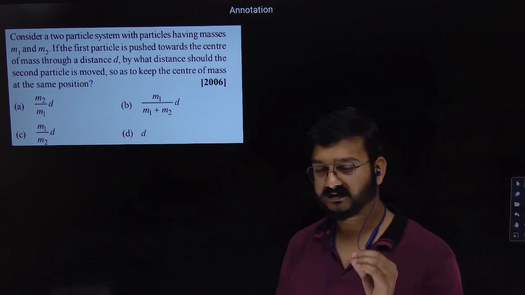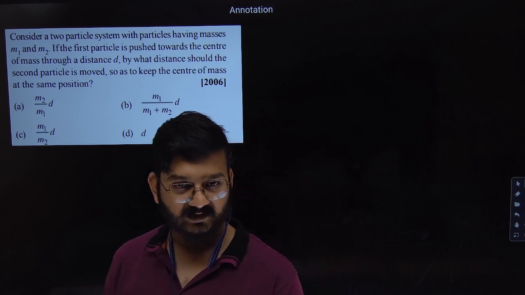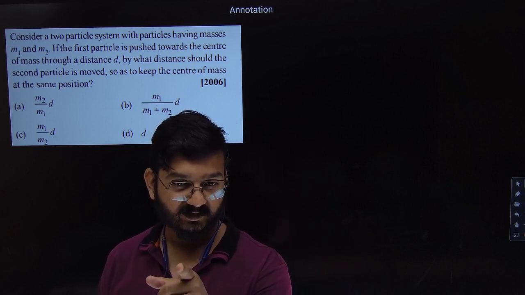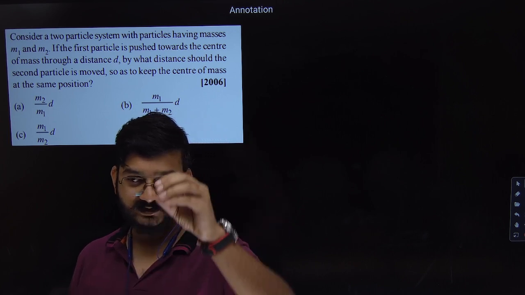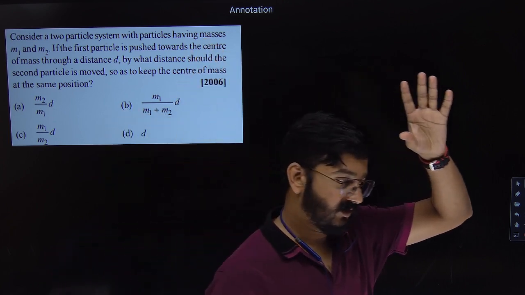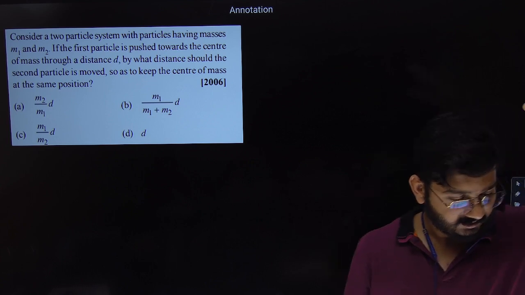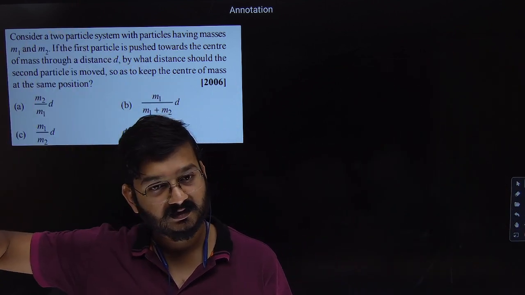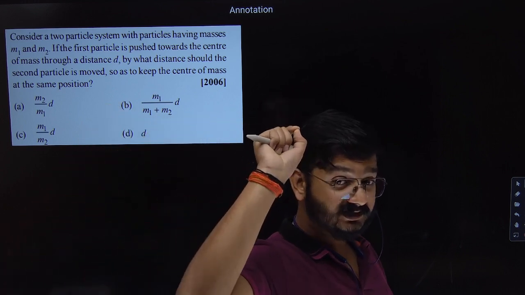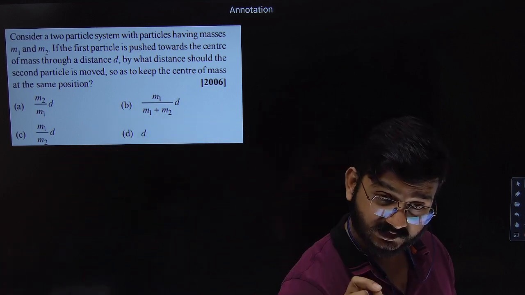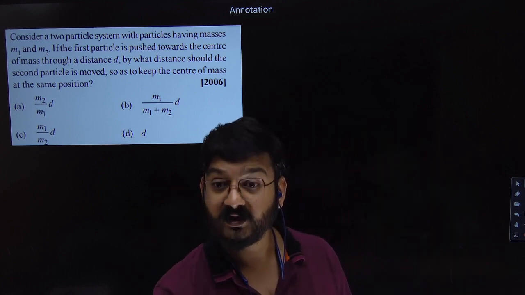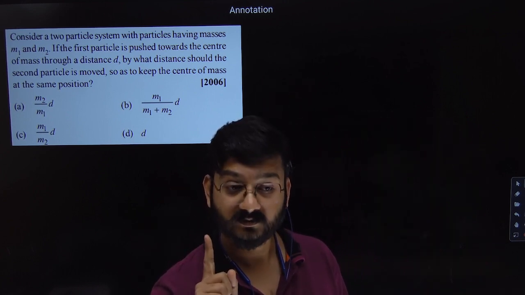What is the example for this? Explosion. Do you remember we solved this question in range when we were doing projectile motion? The object explodes at the maximum height. One object was moving exactly downward. Where will the other particle land? I explained that whenever there is an explosion, the position of the center of mass before and after the explosion will be the same.